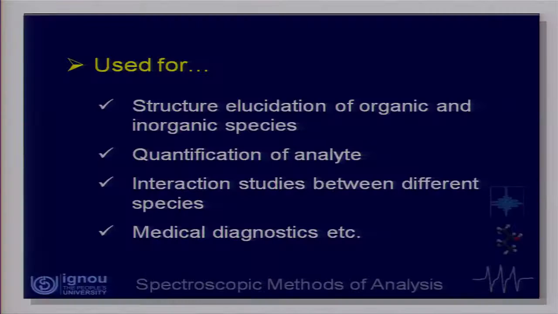Yet another very crucial domain, very important nowadays, is medical diagnostics. Diagnostics exploit spectroscopy in a very wide variety of ways. Okay. So, that is briefly about spectroscopy. Essentially, to state it again, it refers to the interaction of radiation and matter.